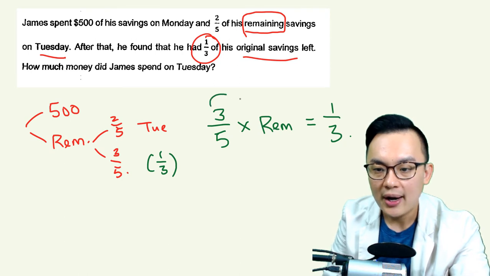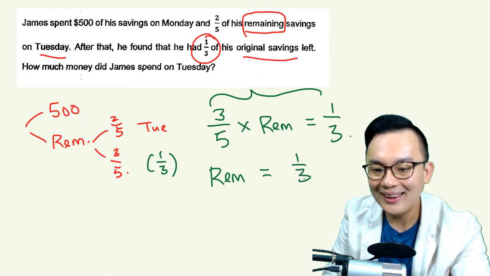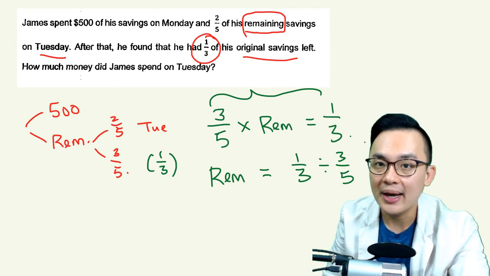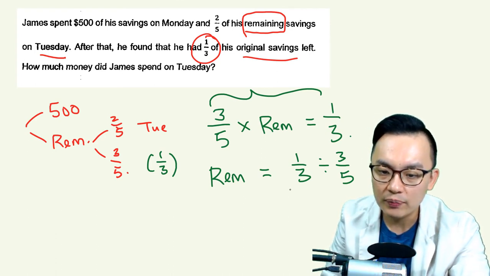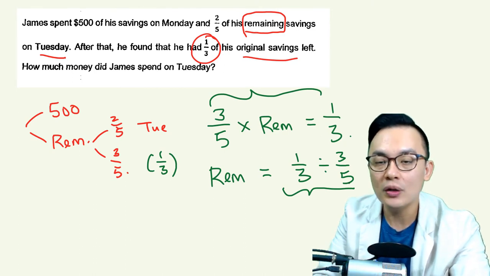So now we try and work this part out. My remaining will be equal to 1/3 divided by 3/5. Based on my experience, a lot of people will have trouble with this step, so you need to drill them on it.